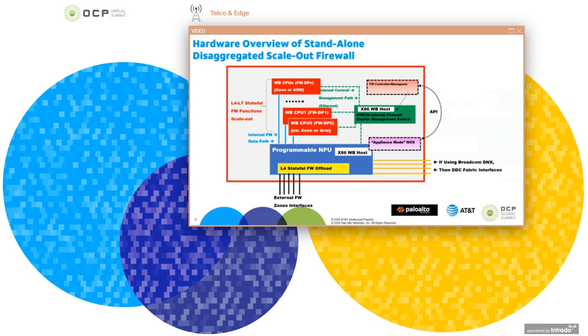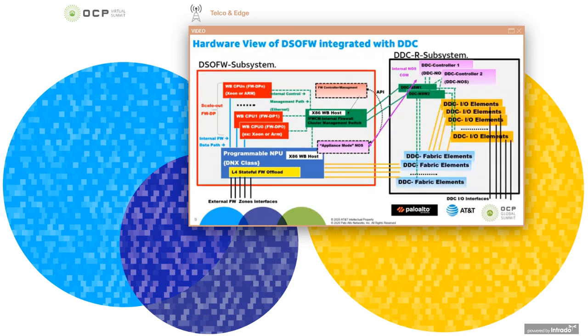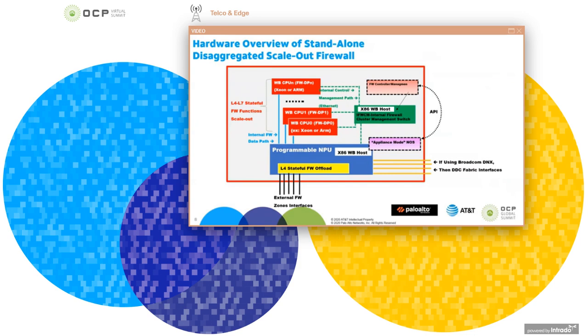If the switching element is a Broadcom chip that has some kind of fabric interface, the yellow line will allow this to be connected to a fabric element in a DDC type of scalar architecture. So that's the target design. But the first one we want to focus on is a standalone use case.